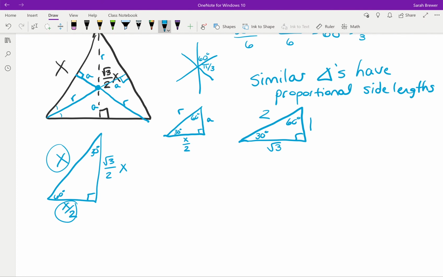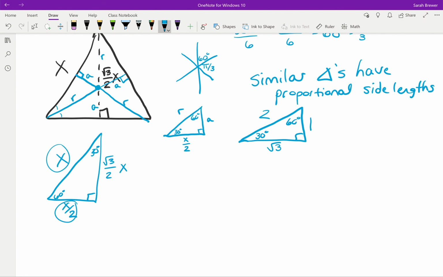So the idea here is that I can always get from one side to another by a scaling factor, either multiplying or dividing. It just depends on which measurement we're given, and which measurement we want to write this in terms of. But let's say we're trying to write everything in terms of x.